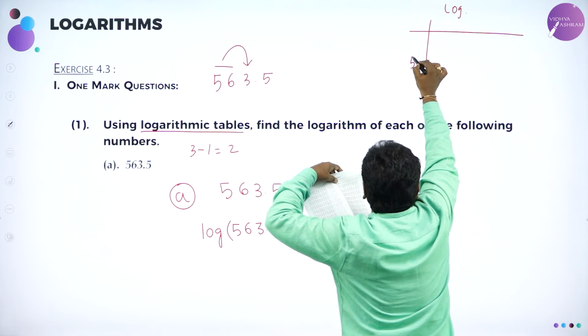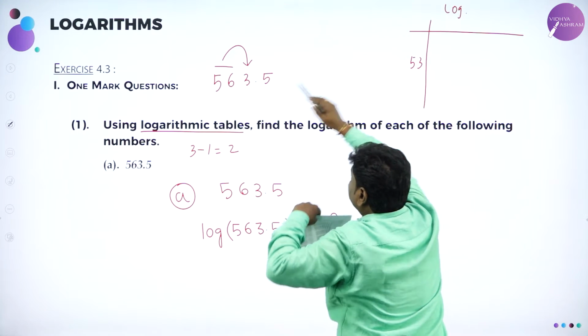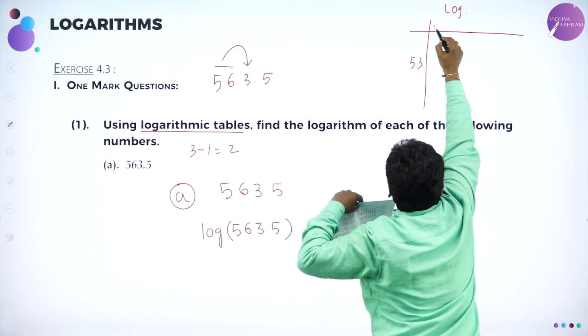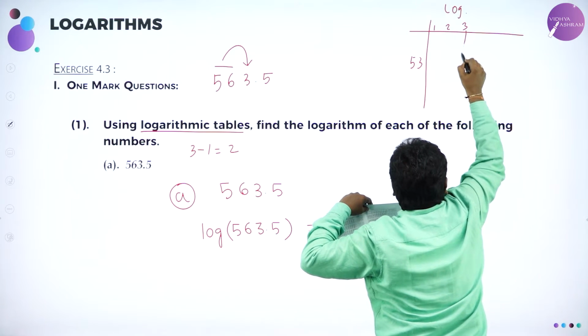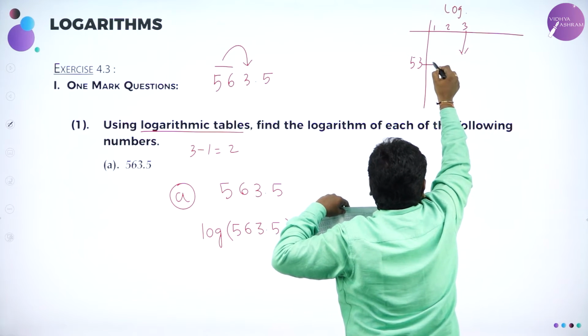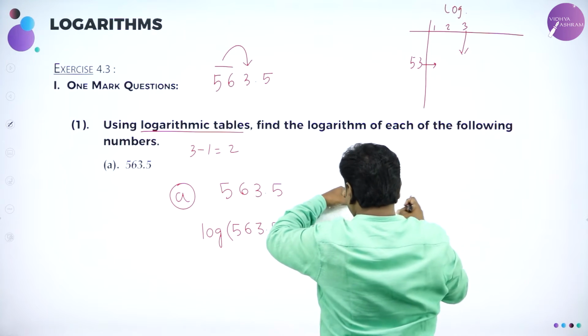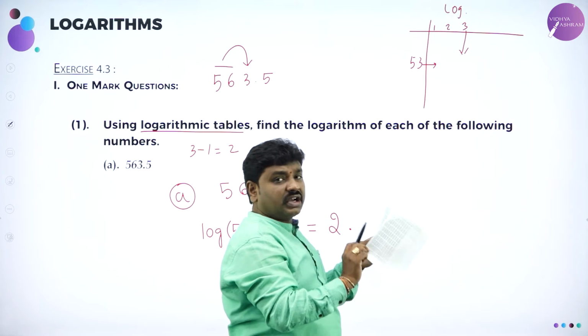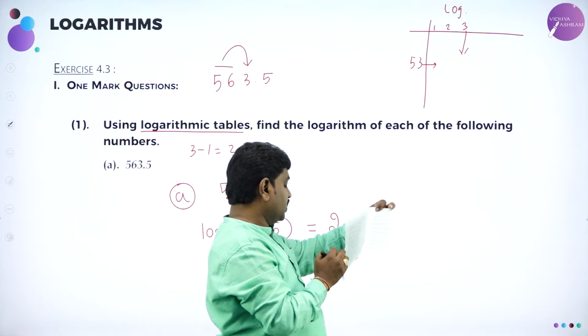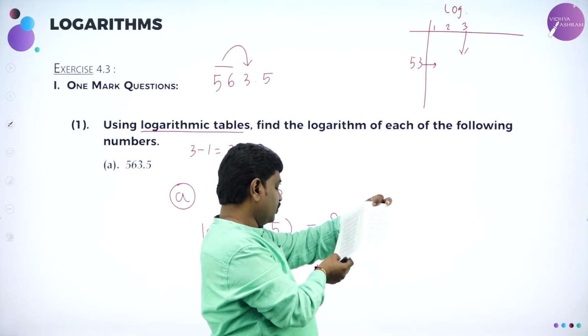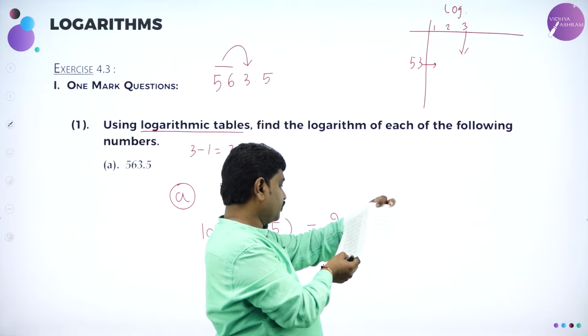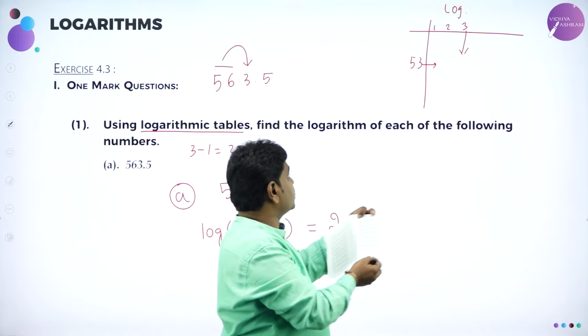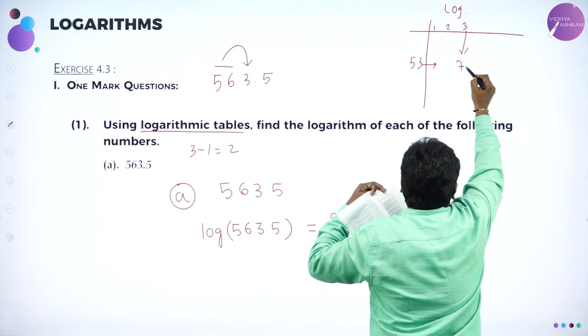Somewhere we'll have 53, and after 53 I have 3. You'll have 1, 2, 3 like this. Under 3, horizontal 53, under 3. So I'm using the log book like this.